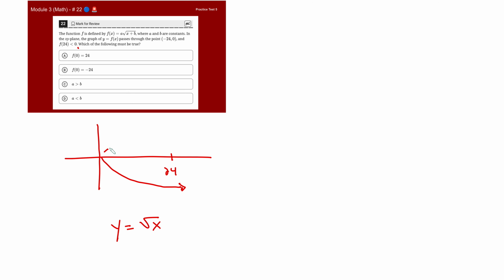What makes this function flip from here to here would be a negative a value. So we know that this a value has to be negative. So a equals negative.